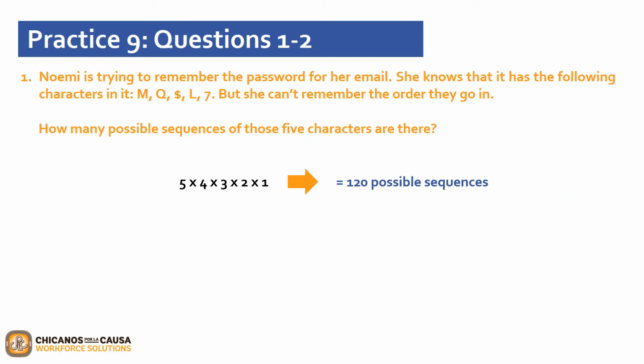That's quite a large number of possibilities, and there's a good chance Noemi's probably going to get locked out of her email. Nonetheless, you can replace this particular example with really anything else, but as long as we need to know an order, we know that it is a permutation. So let's look at our second example to see if it's similar or different.